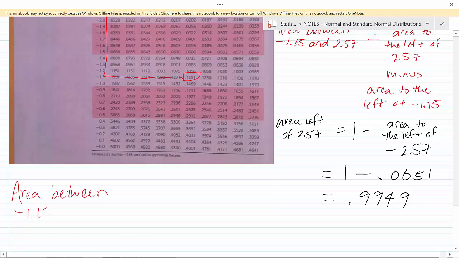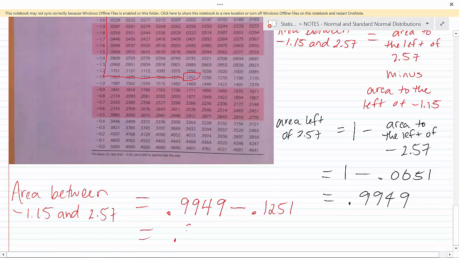So I'm going to find that area between negative 1.15 and 2.57 now. We said that's going to be the area to the left of 2.57, which is 0.9949, minus the area to the left of negative 1.15, which is in our table 0.1251.